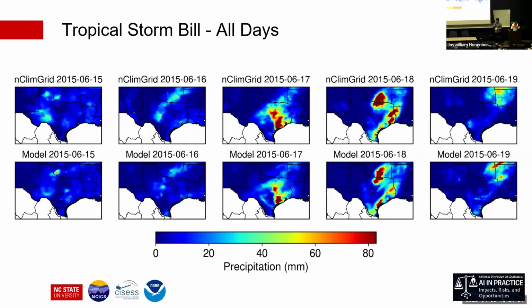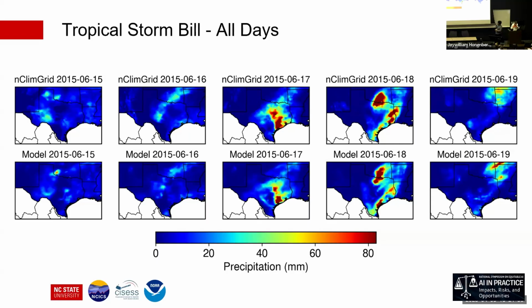And like I mentioned, we also want to look at those extreme cases. These are for tropical storm Bill in the year 2015. Looking at the top row, these are the official precipitation amounts from the gridded data set that NOAA creates. And on the bottom row is the precipitation amounts generated from the deep learning methods.